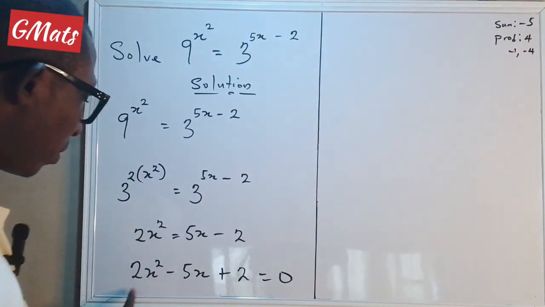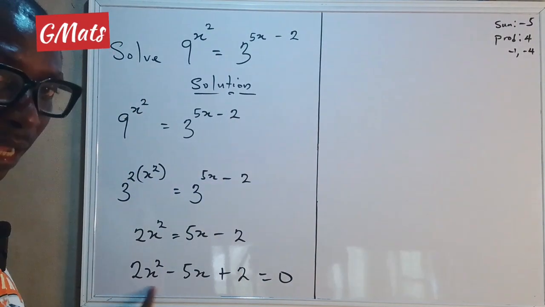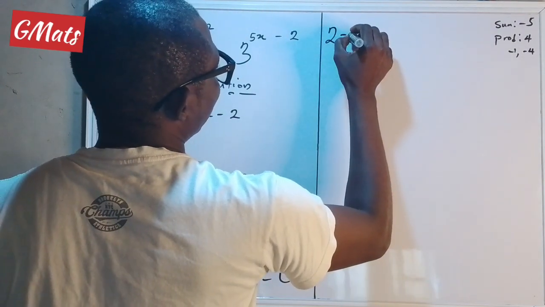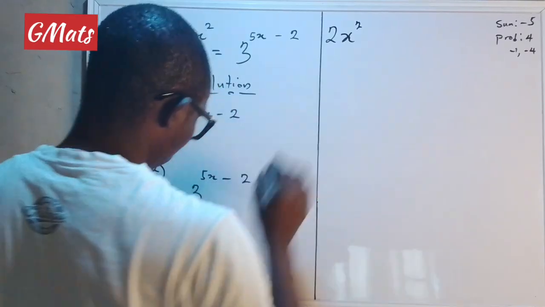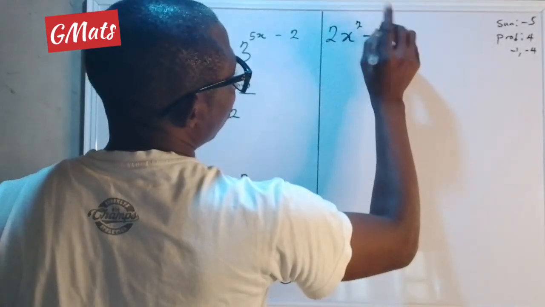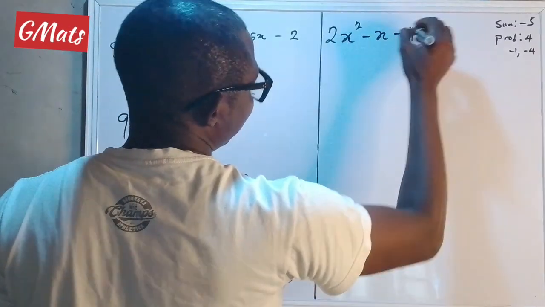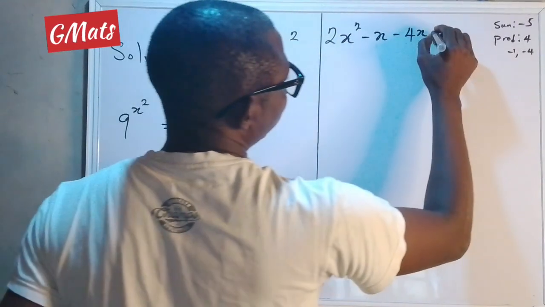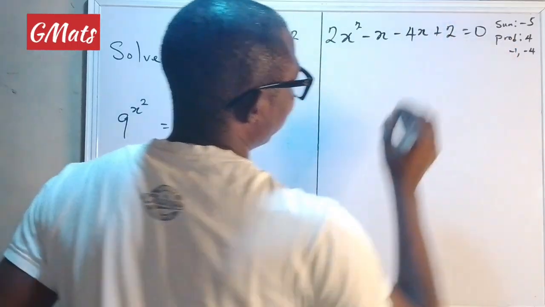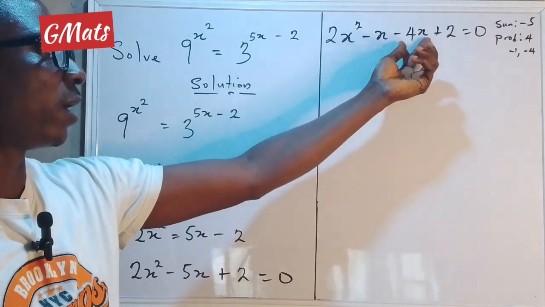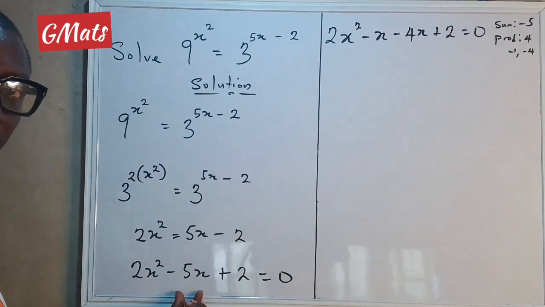Okay, so now this left hand side turns to 2x^2 - 1x - 4x + 2 = 0. Hope you get that. Minus x minus 4x is the same thing as minus 5x.